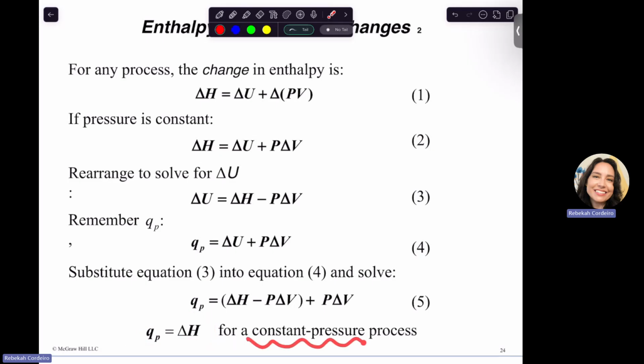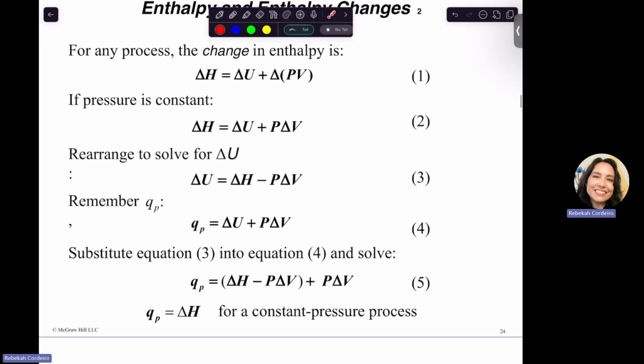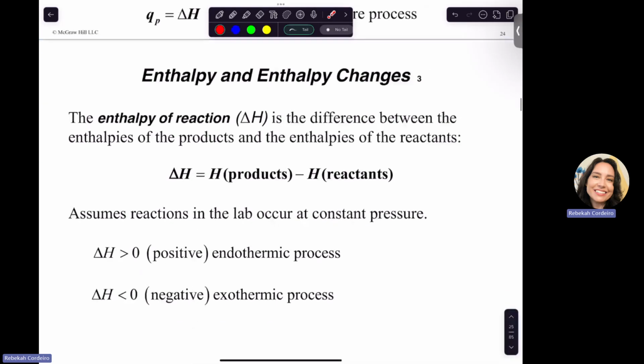And we are almost always working at constant pressure in lab because we're not necessarily changing the atmospheric pressure. There are other ways to think about this if you do constant volume, but for our purposes, Q, or heat, can be equal to delta H. So the change in enthalpy, which we can think about as the change in thermal energy, is equal to the heat, which is what we know the definition of heat to be.